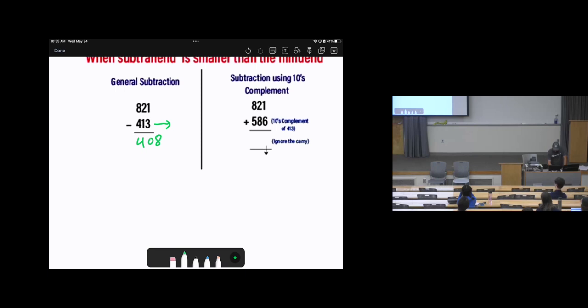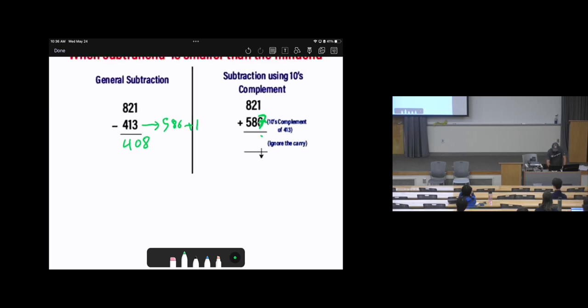So 9 minus 3, 6. 9 minus 1, 8. 9 minus 4, which is 5. Then add 1. I think there's a typo here, this should be 587. Then do the addition.